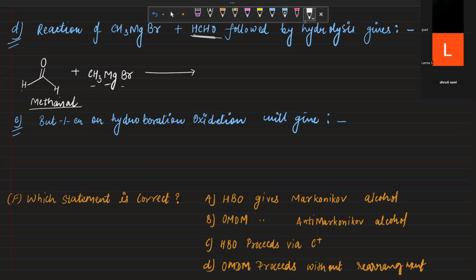Sorry, ma'am. You mentioned that an aldehyde has an H attached to it, whereas a ketone only has CH3 attached everywhere, right? In a ketone, we have carbon in both directions. Just carbon, like CH3, CH3.